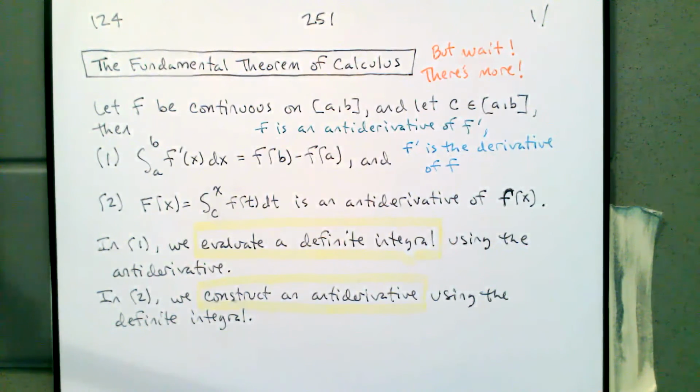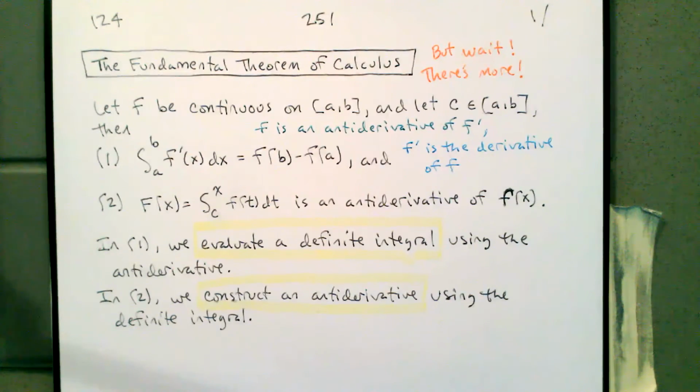I'm trying to emphasize the relationship that f is an antiderivative of f prime, and f prime is the derivative of f. So one of the things that we're getting from the fundamental theorem is that this antiderivative idea is aptly named. This integration is almost the inverse of differentiation.